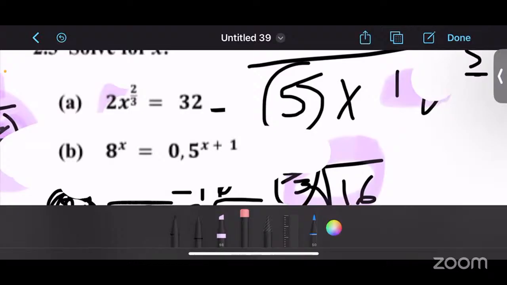I can try, ma'am. So which one do you think we can change, 8 or 0.5? I think we can change 0.5. Then it's 8 to the power of what? Convert 0.5 to the power of.